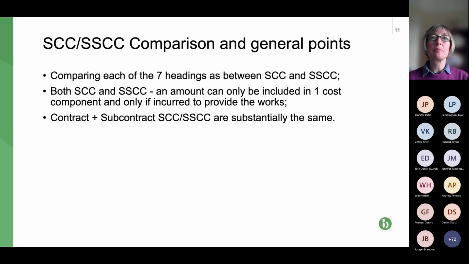And also that final bullet point, that as regards the contract and the NEC subcontract, the schedule and the shorter schedule are both substantially the same within the contract and the subcontract. So if you predominantly work under subcontracts, what we're going to cover here with regard to the contract applies equally to the subcontract. So if we can have the next slide, please, Jen.